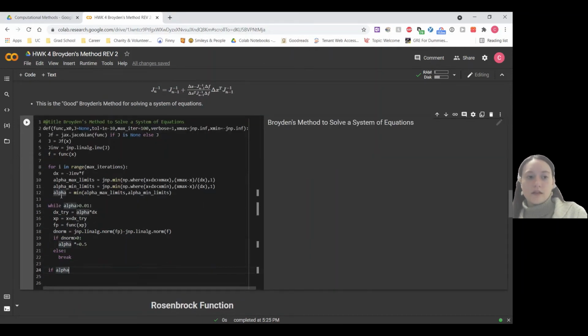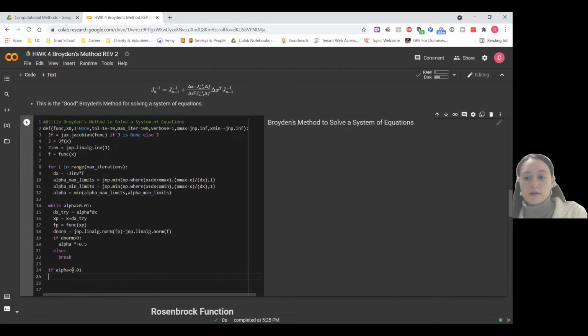So no matter how many times we iterate through here, updating x, we're not going to get to the value we want, so we need to reevaluate the Jacobian. So if alpha gets really small and we haven't gotten to the root, then we need to reevaluate j.